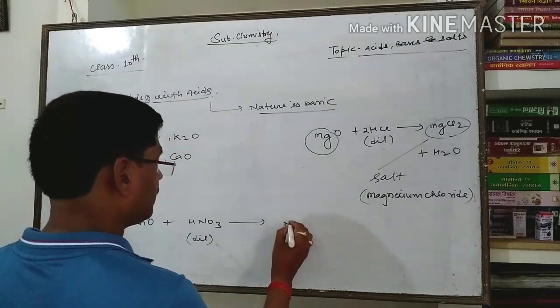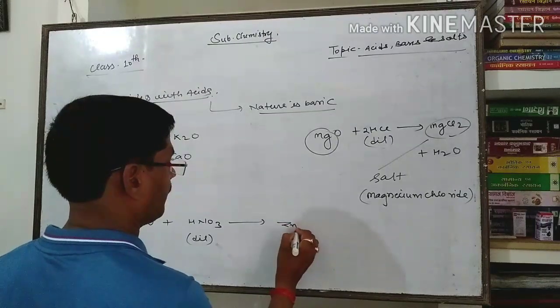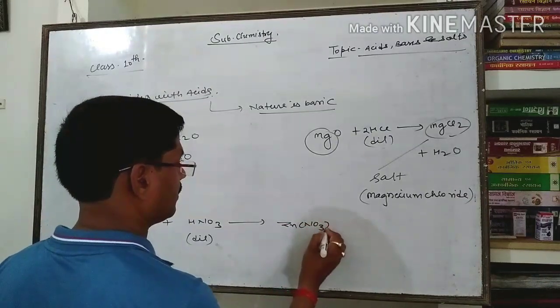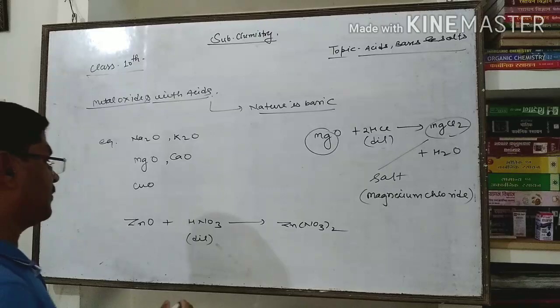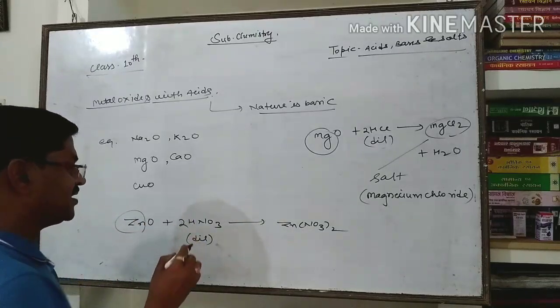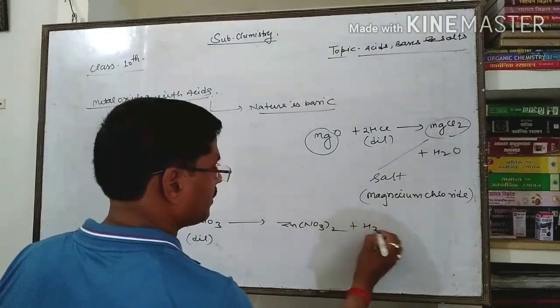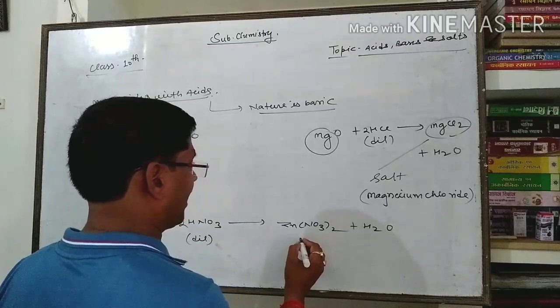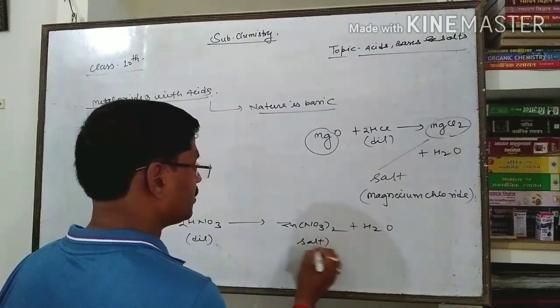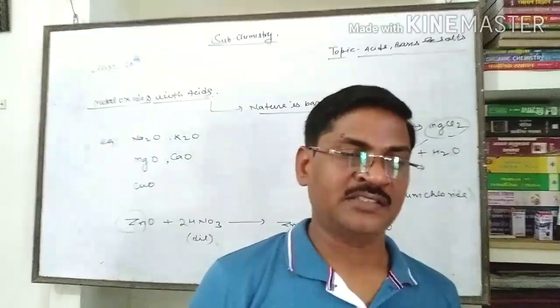It will give zinc nitrate, also being dication, so 2 molecules of HNO3, and then H2O. It means zinc nitrate is a salt. So this is also a type of neutralization reaction.